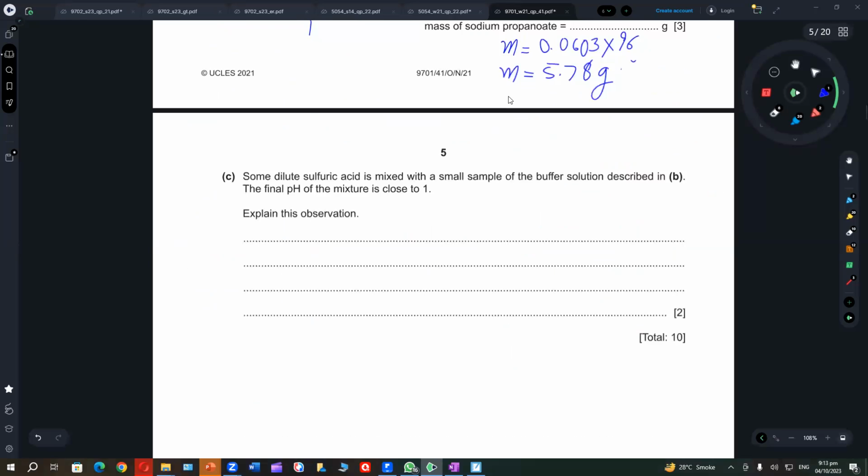At last, some dilute sulfuric acid is mixed with a small sample of the buffer solution described in B. The final pH of the mixture is close to 1. Explain this observation.